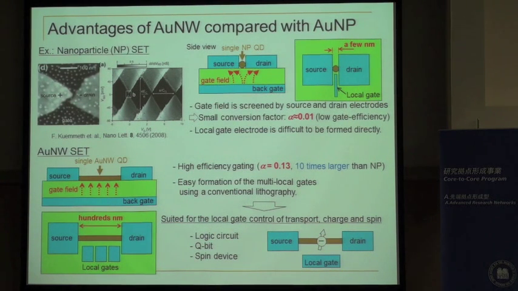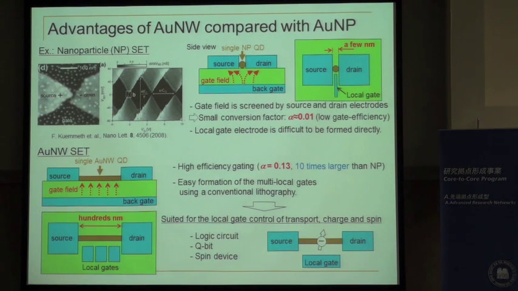So I would like to show you the advantage of gold nanowire SET compared with nanoparticle SET. This figure shows the result from gold nanoparticle SET. Very clear Coulomb diamond can be observed, but the conversion factor is very small, 0.01. This is due to the screening of gate field by source and drain electrodes.